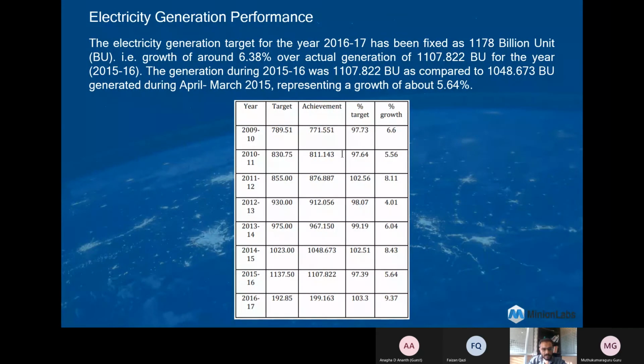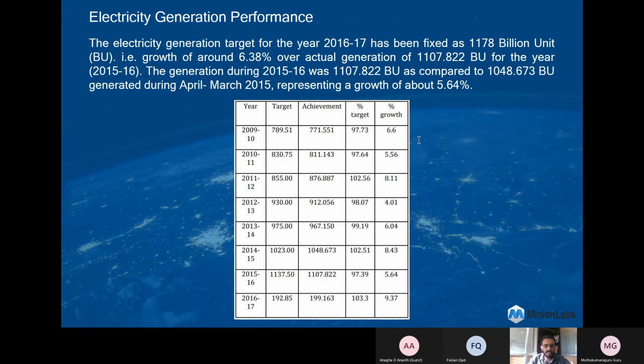Electricity generation performance. The electricity generation target for the year 2016-17 has been fixed at 1178 billion units. That is growth of around 6.38% over actual generation of 1107 BU for the year 2015-16.